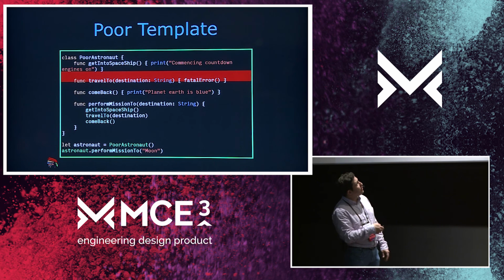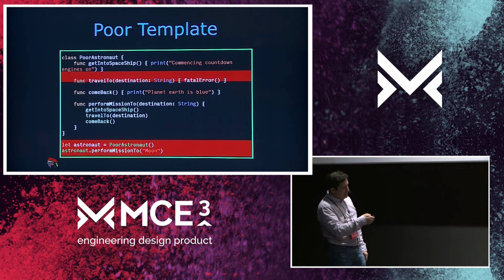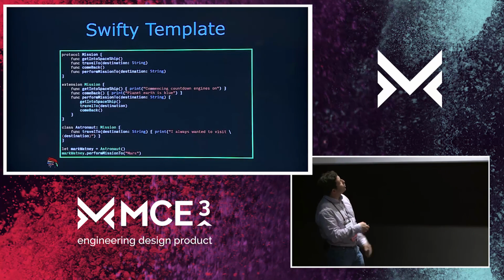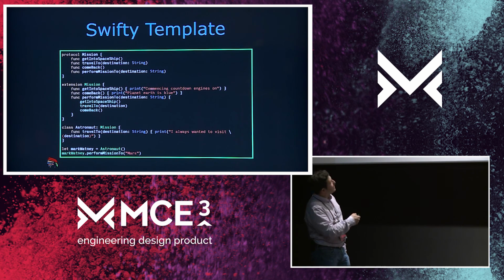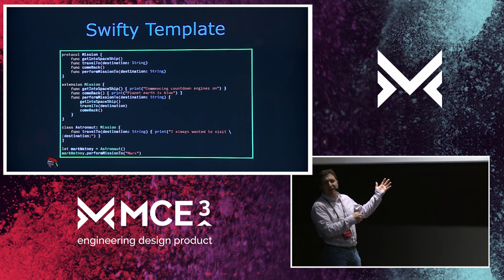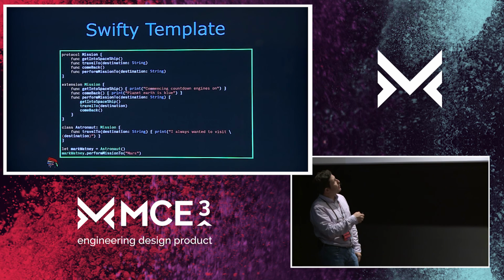Instead, I would love to change these two parts and use this other pattern that is an implementation of a template. I'm out of time, is it? Okay, so in this case, I will be using a protocol that has the four methods that have to be implemented in order to fulfill the protocol, but only three of them will be implemented in the extension.